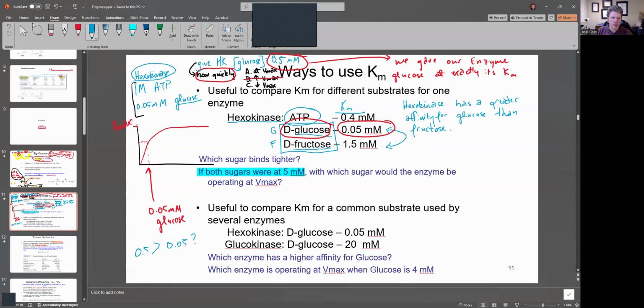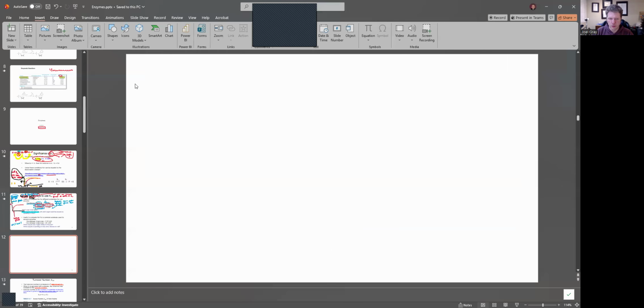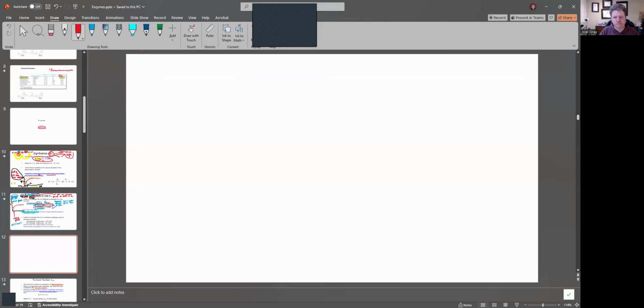Okay, so I'm going to add a slide in here so that I can elaborate on this. And I'm going to try to construct a table. So we'll go to our enzyme, HK, hexokinase. I'm going to make this table for our substrates and Km.